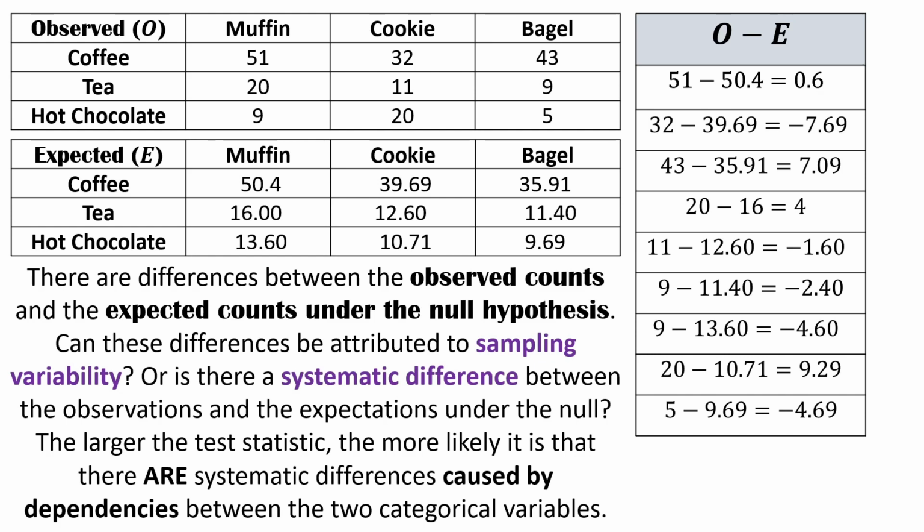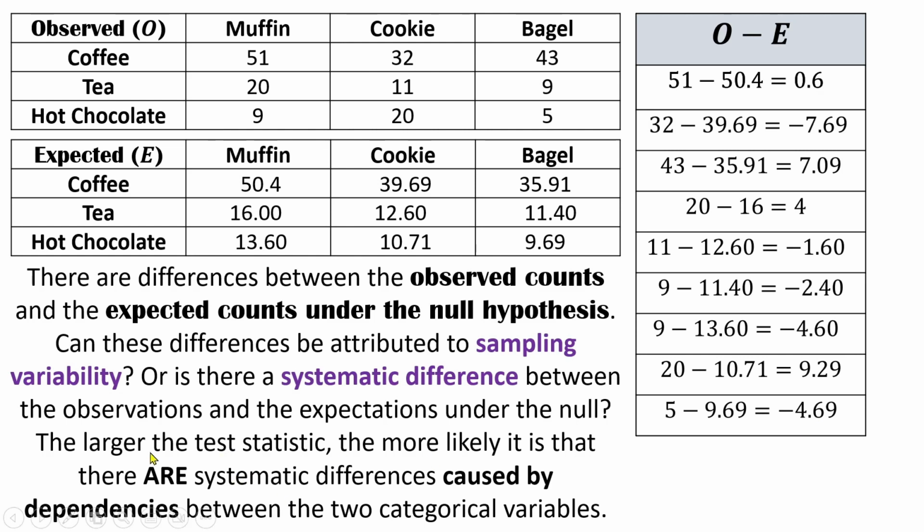So under the null, there are no dependencies, and we expect the differences that we observe are just due to sampling variability. But if the null is false and there are dependencies, then some of these differences are going to be accounted for by those dependencies. That's what we're trying to figure out, whether or not there are dependencies.